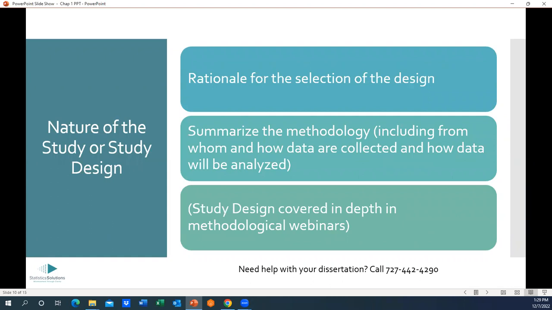All right, nature of the study or study design. Usually there's a section in chapter 1 where you need to talk about the rationale for the selection of the study. In other words, why did you select this design over other designs? And usually that has to do with the information you want to get. If you want to see if two constructs are related or not, that's usually a correlational study.